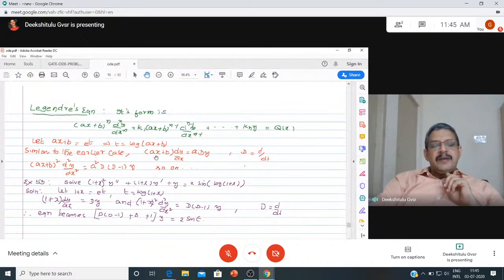So similar to the earlier case, only there we have x, but here ax plus b. So (ax plus b) dy by dx becomes a into Dy, where D is d by dt. Similarly, (ax plus b) whole square d square y by dx square becomes a square D into (D minus 1) y, whereas in Cauchy's equations we don't have a square here.